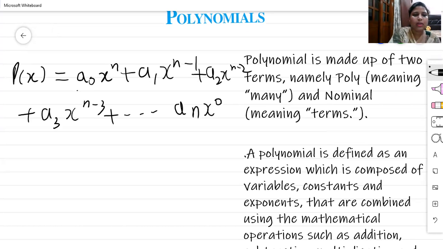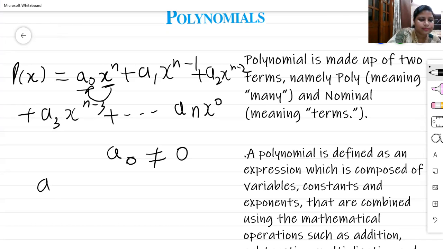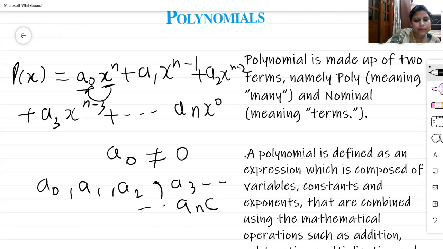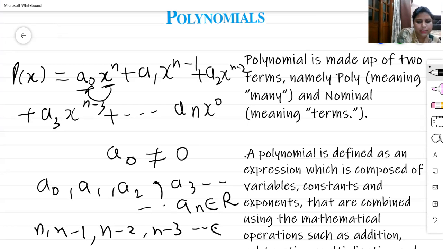So here a naught cannot be equal to 0, and x is called the variable and the coefficients of x are a naught, a1, a2, a3, up to an. So they should always be real numbers. And the exponents n, n minus 1, n minus 2, n minus 3 up to naught should always be non-negative integers, or we can say they should always be whole numbers.